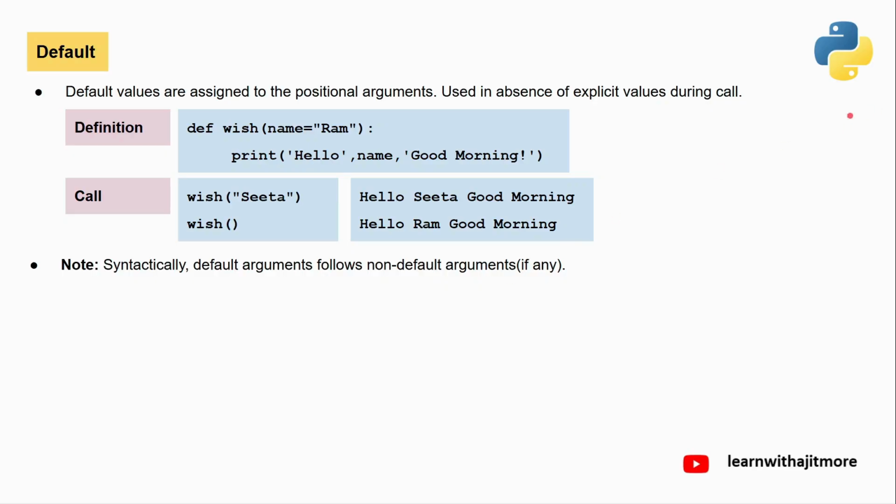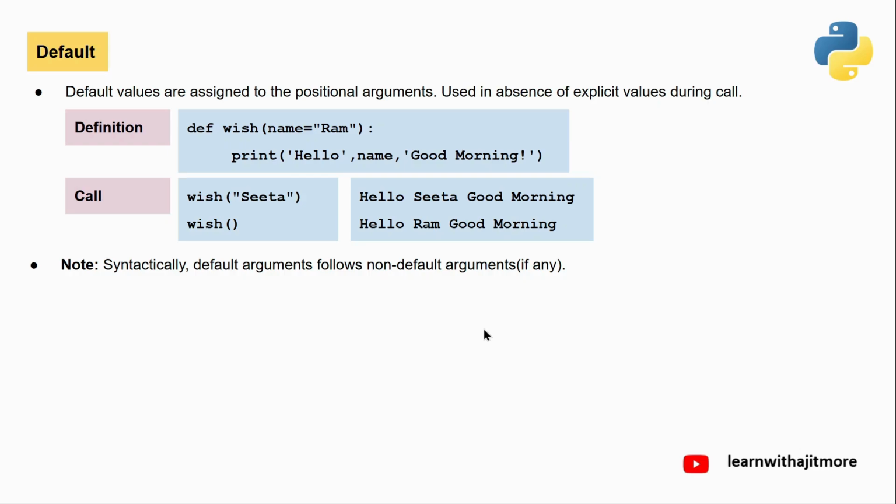Like if x and y are given, and then z comes with a default. Default arguments follow non-default. x and y are non-default, so after that the default can come. Now if something else comes after that, it's not allowed. Non-default cannot follow default. It is a syntax error. Correct?